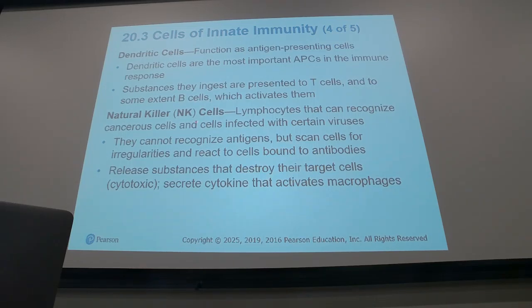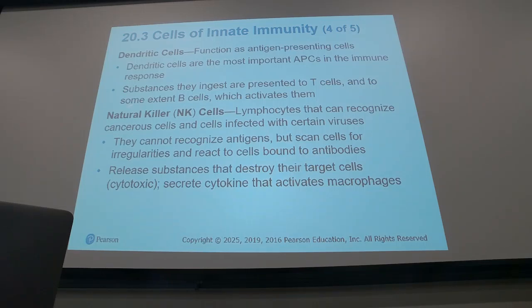Now, the natural killer cells are a subset of lymphocytes. Remember, we have B lymphocytes, or B cells, you just change lymphocyte for cells. And then we have T lymphocytes, or T cells, and then we have NK cells. NK stands for natural killer cells, and they are like the snipers of our blood cells.